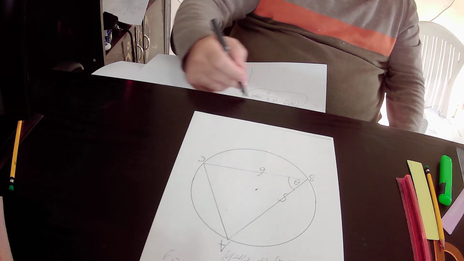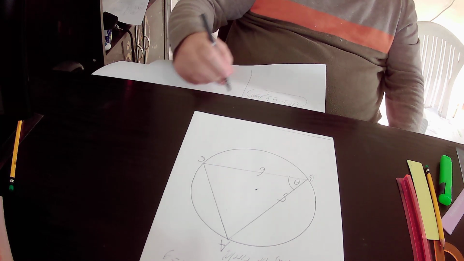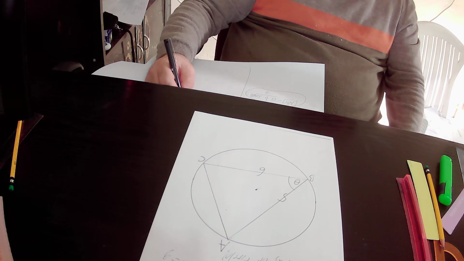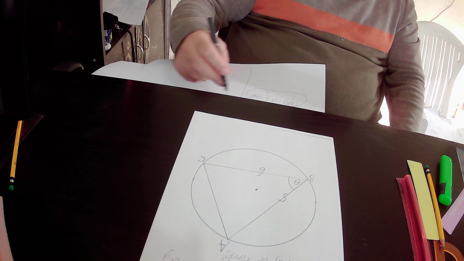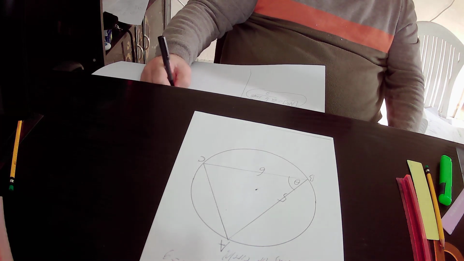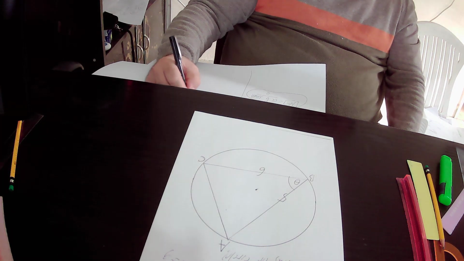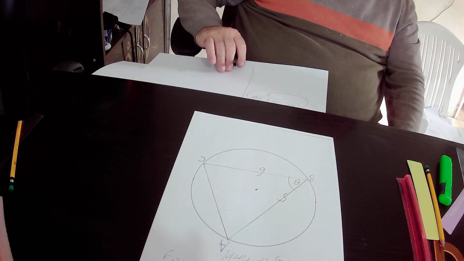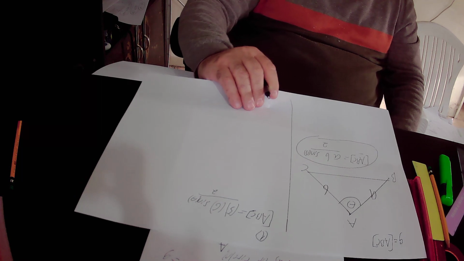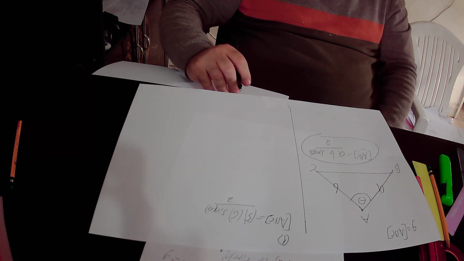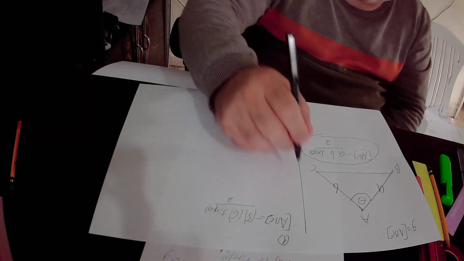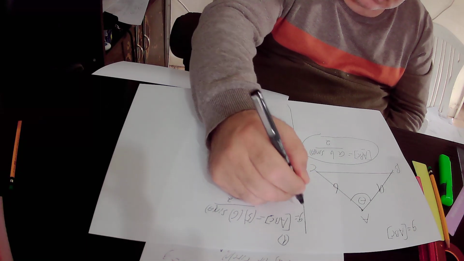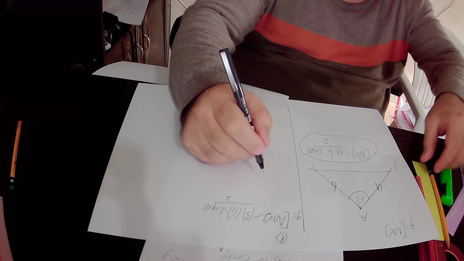But AB is 5, BC is 6, and sine theta is the missing variable, over 2. So the area of our triangle, according to the new formula, equals 5 times 6 times sine theta over 2, and we know that it is equal to 9 square units.